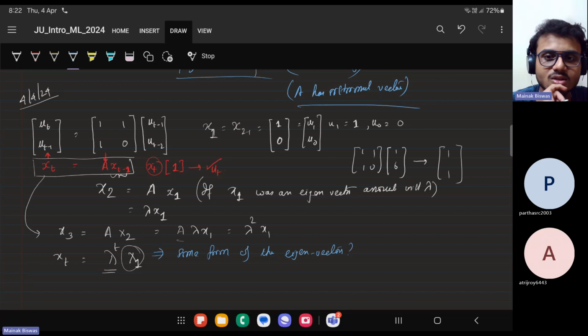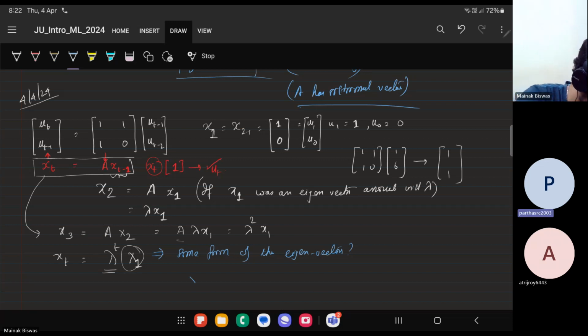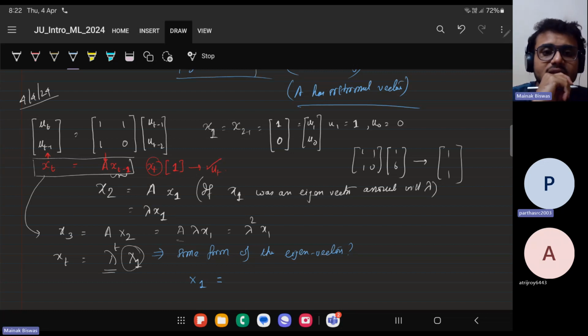What do I want to write x1 as? I want to write x1 as a combination of the columns of A. What is the objective? I want to make x1 an eigenvector, right? If it was an eigenvector, no matrix multiplication would be required. So how can I make x1 an eigenvector?